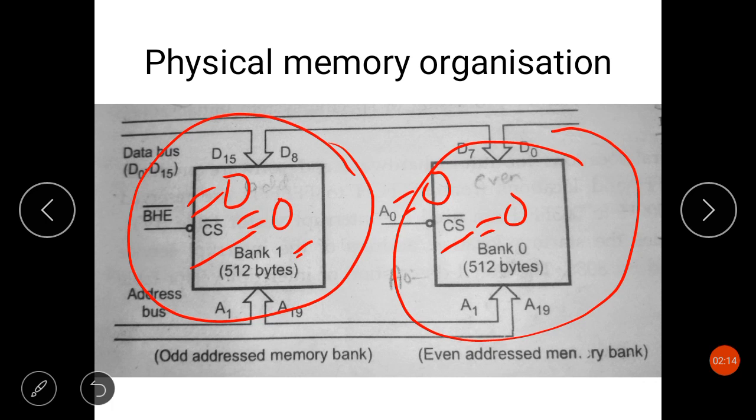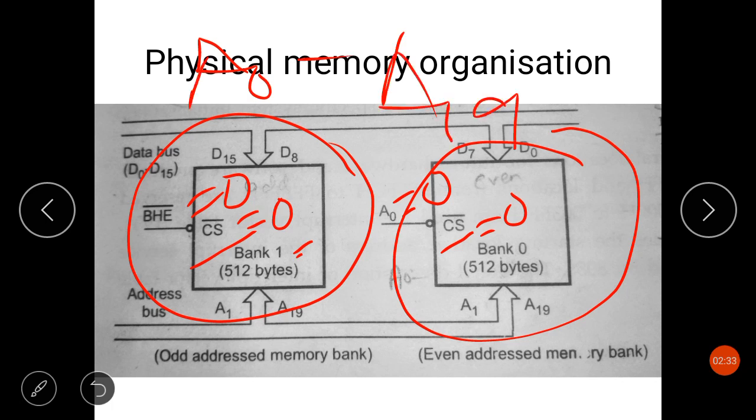I've already told you, when I was discussing the pin configuration and architecture of the 8086 microprocessor, that the address bus of the 8086 is 20 bits, that is A0 to A19.